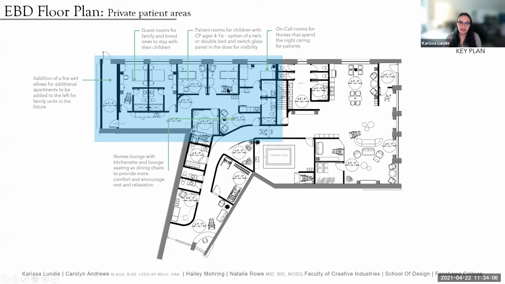For the patient and private areas, this is the area again that changed the most. So now there is an additional fire exit, which was not required by code because having the exit here and here was sufficient enough. However, I wanted to add this exit because in the midterm I had expressed a want to add a family apartment style unit for more severe cases of cerebral palsy.